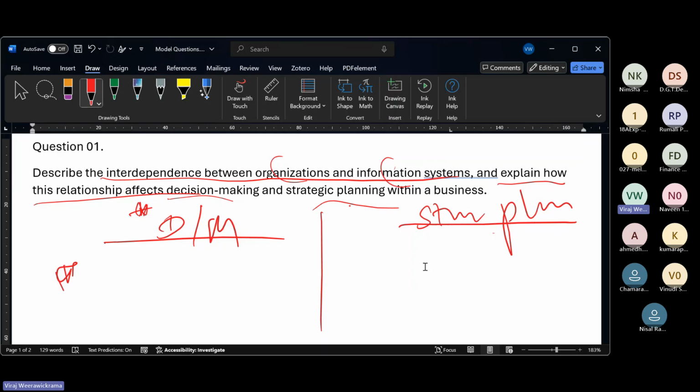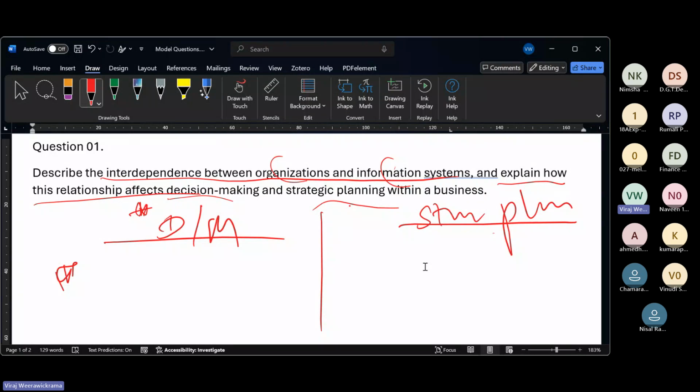Yes, any idea? Provide accurate information. Provide accurate information for the organization. Yes, exactly.